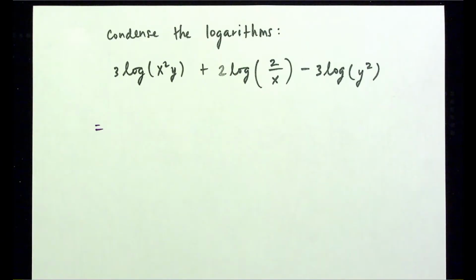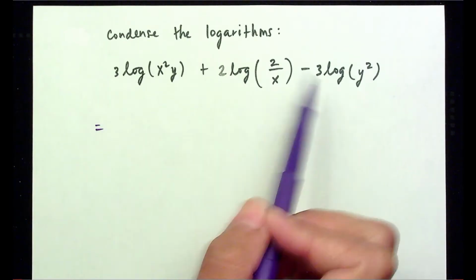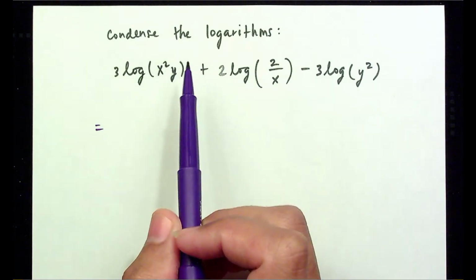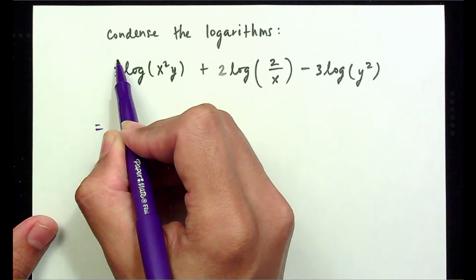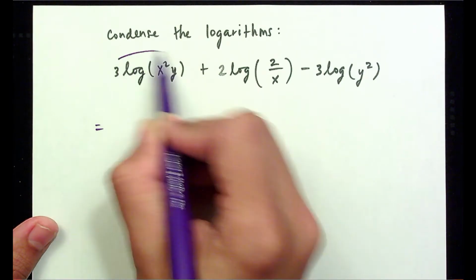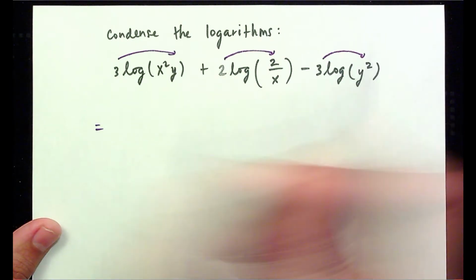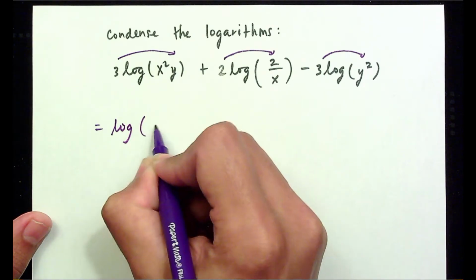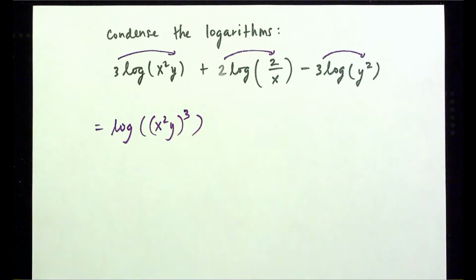First thing you need to do is, if you see coefficients in front of the logarithms, you can move those inside of the logarithm as an exponent. So this 3 right here, we can move it inside. These 2 and this 3. So it's going to become logarithm of x squared y, and the 3 goes inside as an exponent, so cubed.